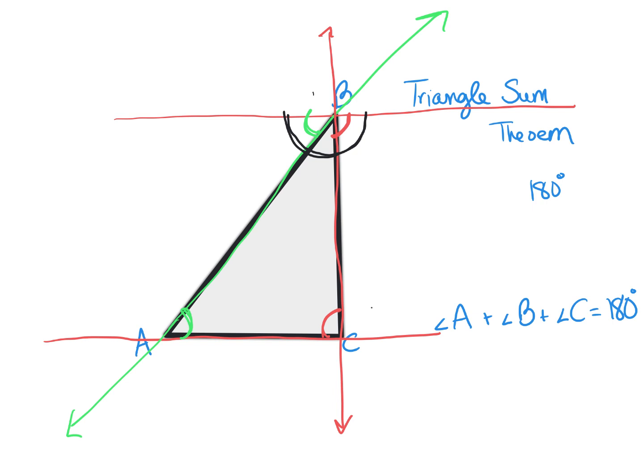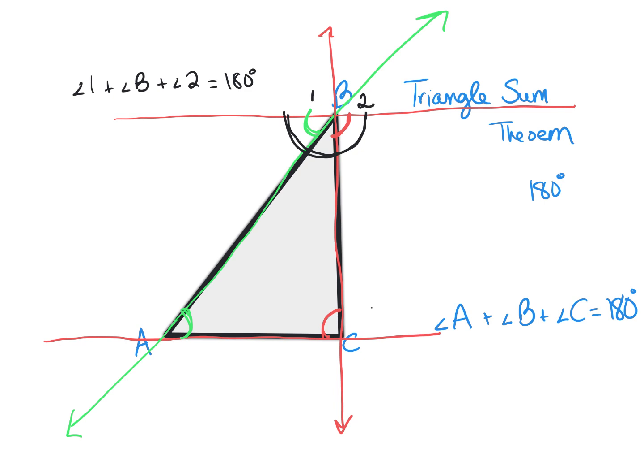So if I label this angle 1 and this is angle 2, we know that angle 1 plus angle B plus angle 2 equals 180 degrees because it is a straight line.